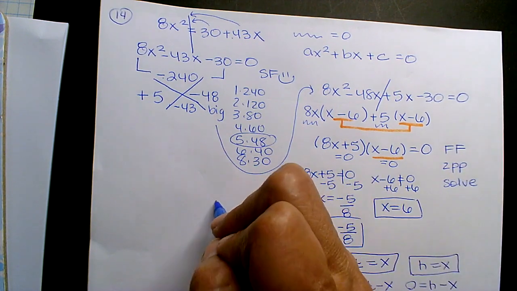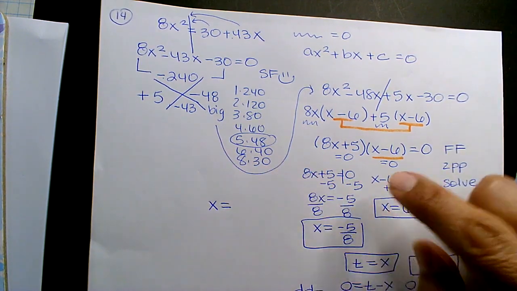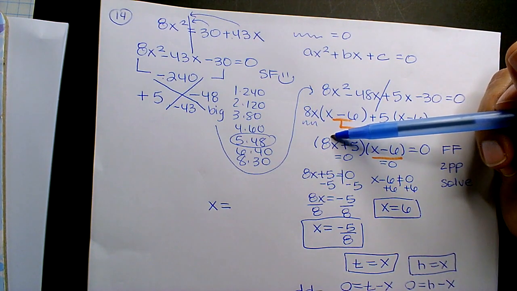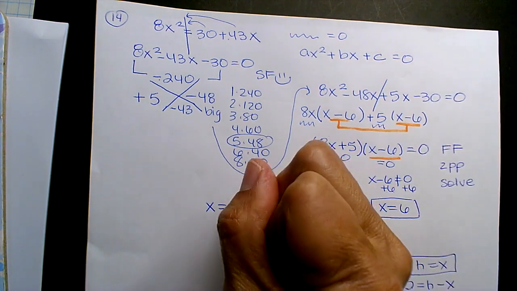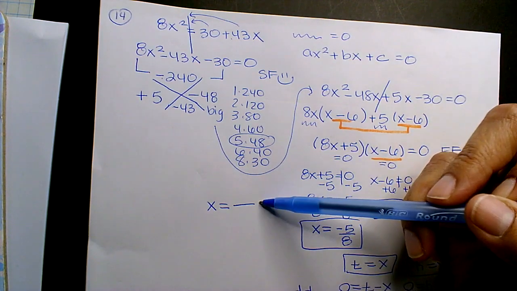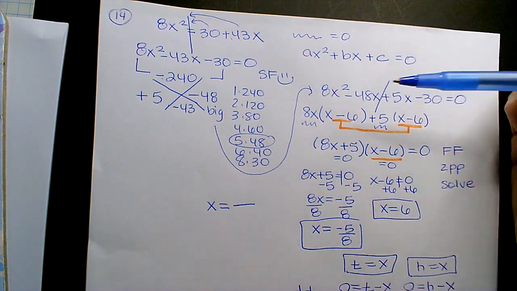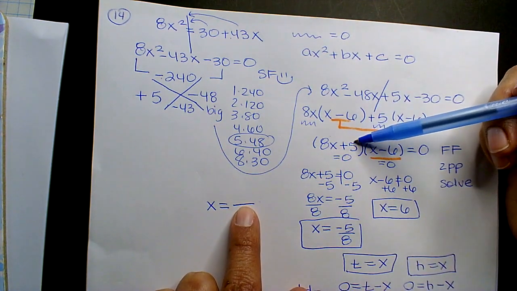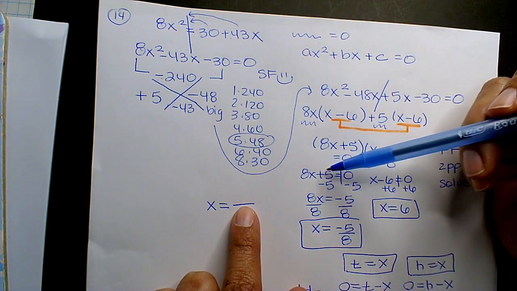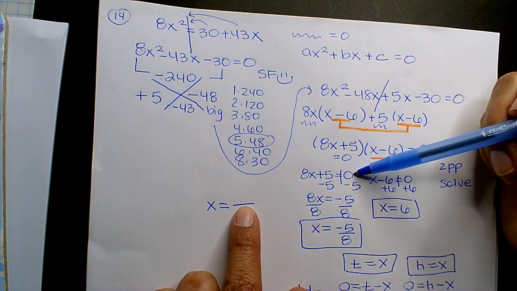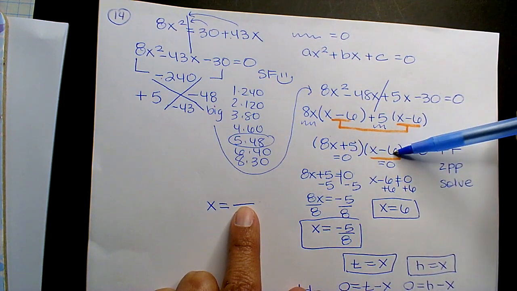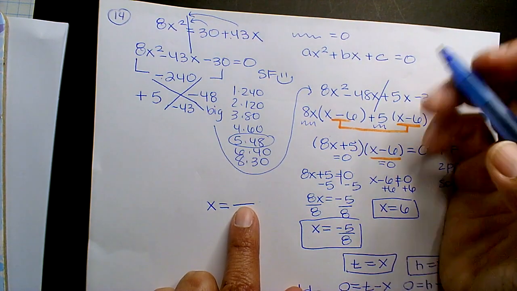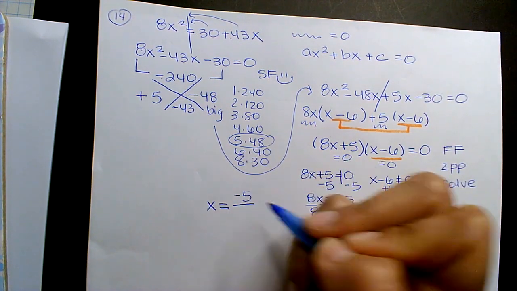Okay, shortcut. See how this coefficient is not 1. That tells you you have a fractional root, or solution. What's the top number? It's the opposite of this. Why? Because you have to inverse operate. So if it's plus 5, you have to go minus 5. So that's why you go opposite, just like here, negative 6, positive 6. So what's the opposite of positive 5? Negative 5.